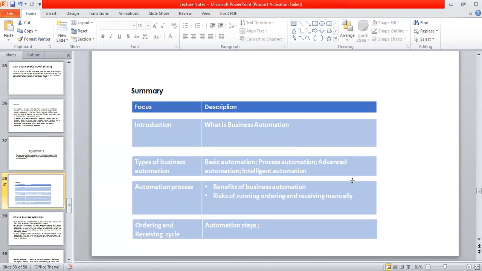Also the automation process, where we'll look at the benefits of business automation and the risk of running ordering and receiving manually. Then we are going to look in detail at the different steps that are taken in the automation process of the ordering and receiving cycle.